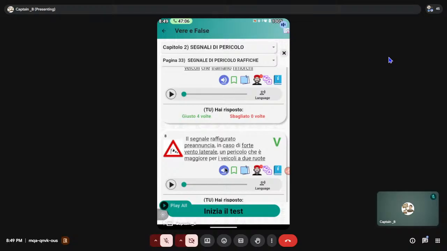Now, he said this sign is referring to preannuncia, announcing in caso di forte vento laterale, in the case of a high wind, un pericolo, a danger that is major, that is very high for the vehicle of two tires. Yes, it is true.